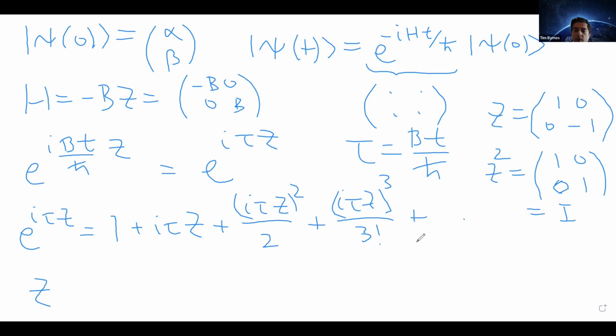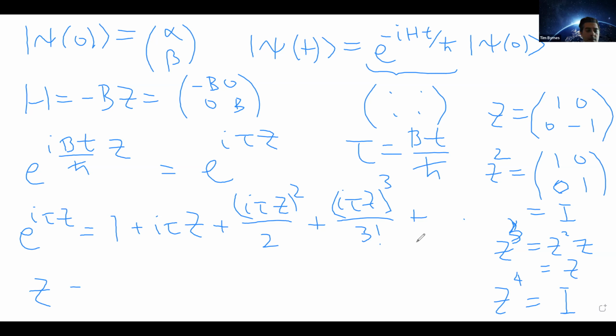What about Z cubed? Just Z, yep, because Z cubed is Z squared times Z, and Z squared is identity. So we see a pattern emerging: all the even powers give identity, because Z to the 4 is Z squared, which is identity. All the odd powers are just Z, and even powers are just I.